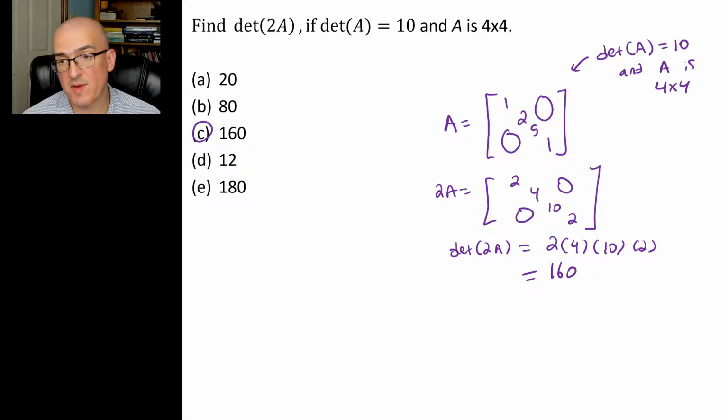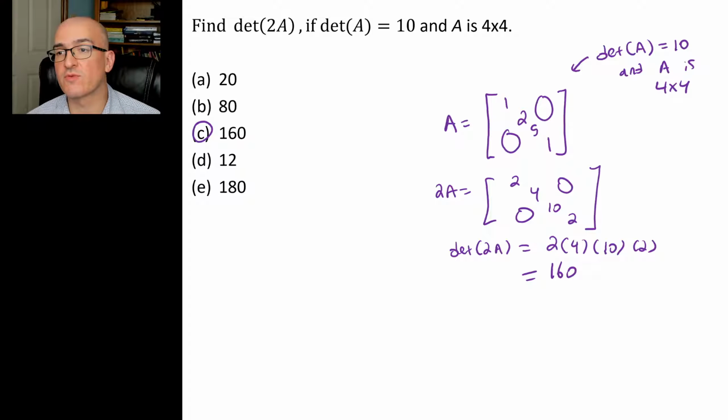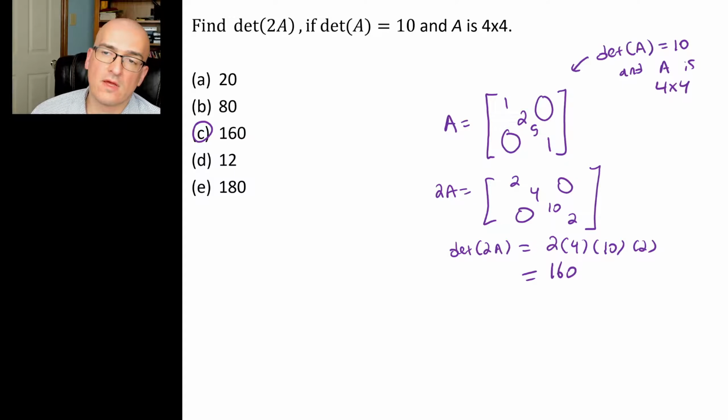You're going to get 20 multiplied by 2, 40, times 2 again, 80, times 2 again, 160. It works out no matter what matrix you construct with a determinant of 10, or determinant of anything, but in this case 10, the determinant of 2 times that matrix is going to be 16 times the determinant of A. Where did the 16 come from?